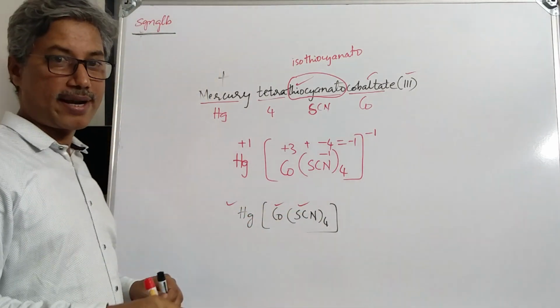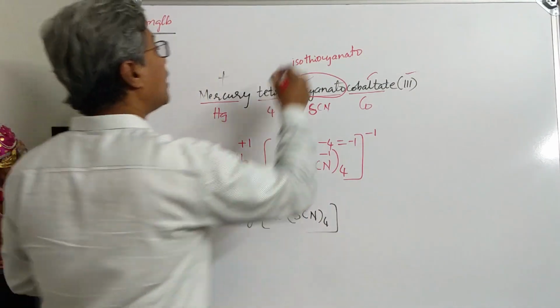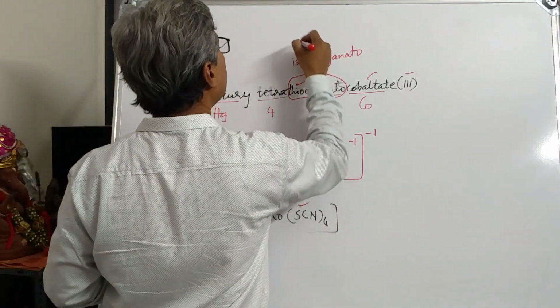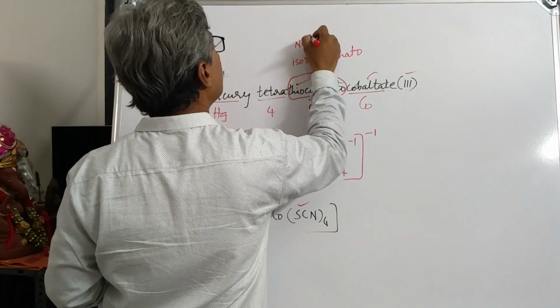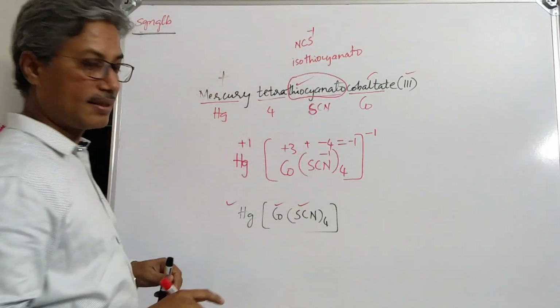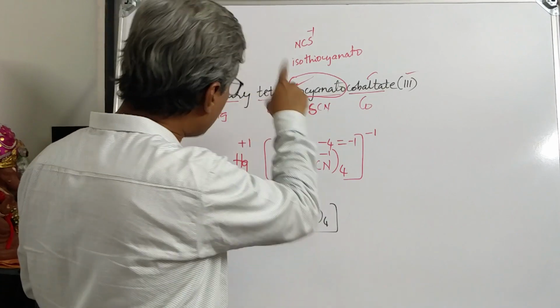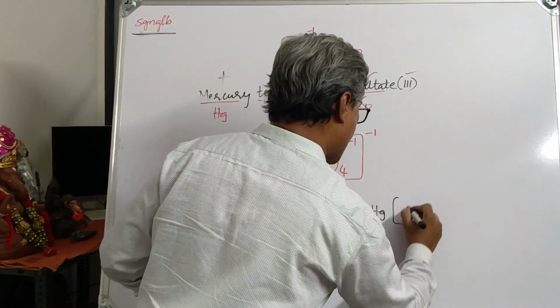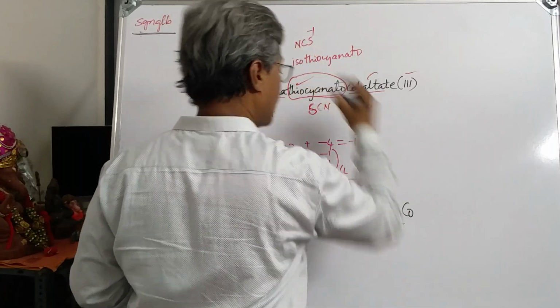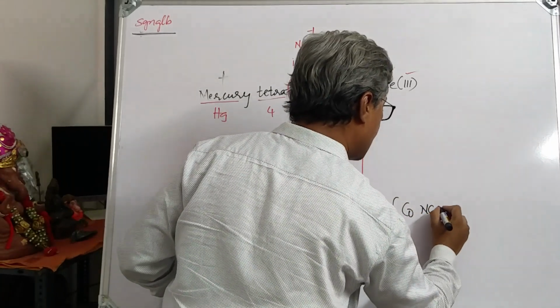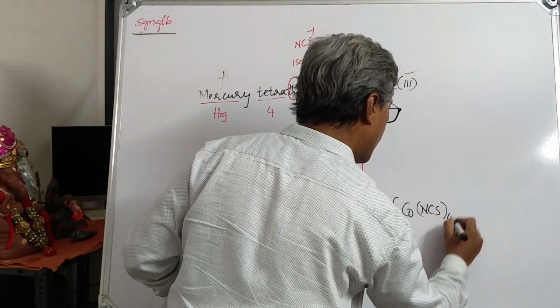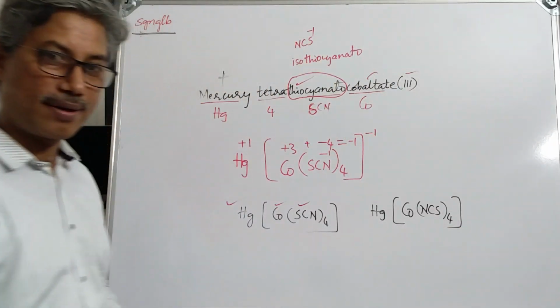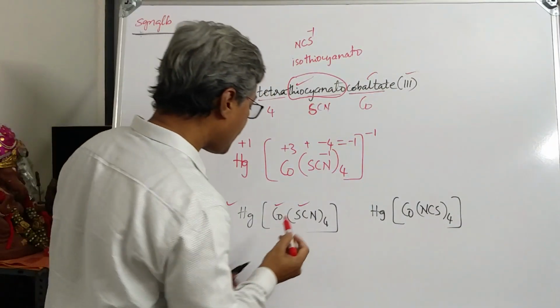if it is isothiocyanate, what is the symbol? Its symbol is NCS -1. It means that its formula will be Hg, square bracket, Co, then NCS 4 times. Isothiocyanate. Are you noticing this?